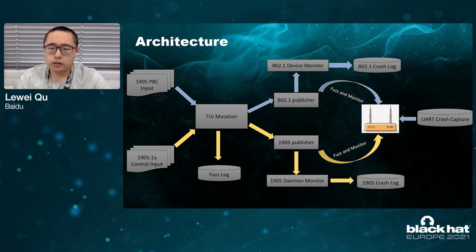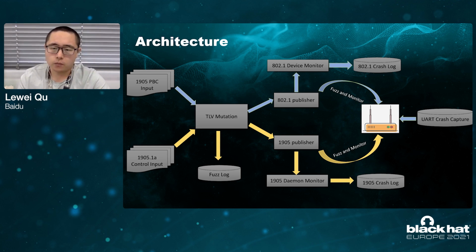The original data will pass through our TLV mutation subsystem and use the 802.1 packet publisher to send packets. By the way, our monitoring module will connect to the UART port of the device to capture the crash logs.